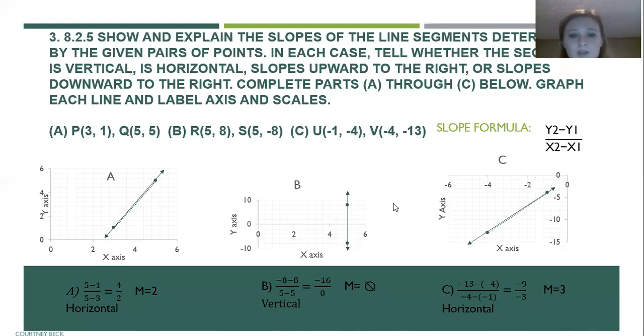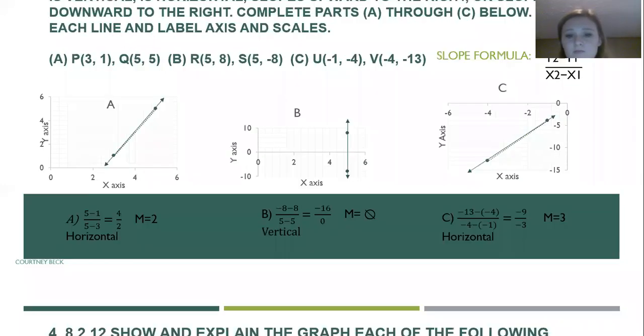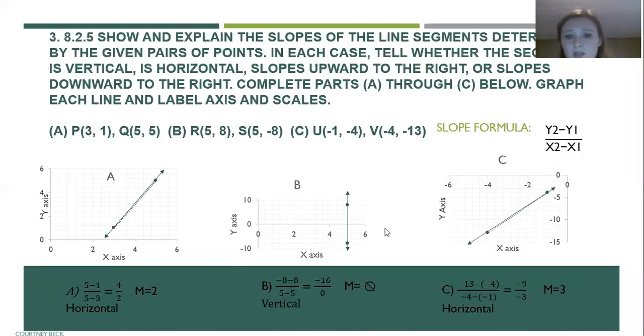Okay, and then we're going to put the y2 minus y1, we get 16. x2 minus x1, we get 0. And since there's a 0 on the bottom, there's no solution. Sorry. And the graph is vertical.